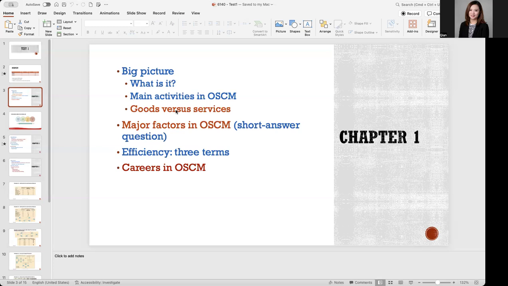A very efficient way is to review the PowerPoint slides for each chapter: the chapter 1, chapter 2, and chapter 4 PowerPoint slides.